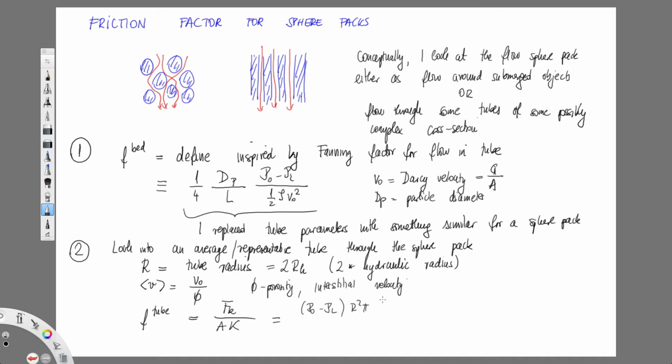So this is from that macroscopic balance, but we could also just integrate tau RZ. And then define my area as 2 pi R L and 1/2 rho V squared. So since RH is R over 2, I can write this as P0 minus PL divided by 1/2 rho V squared RH over L.